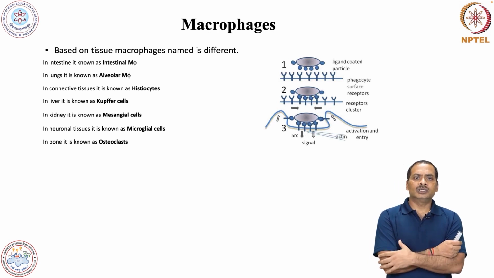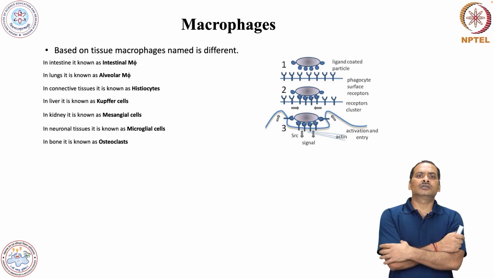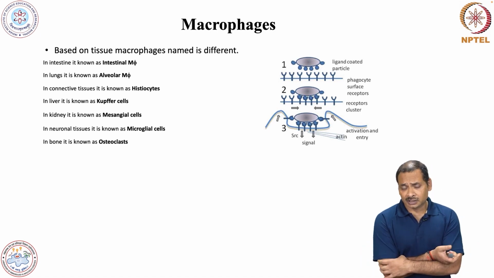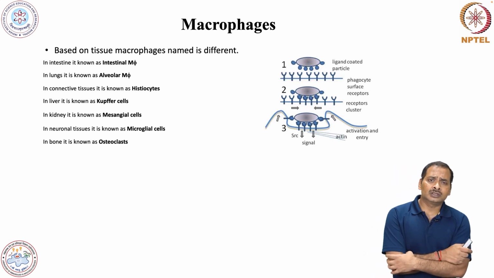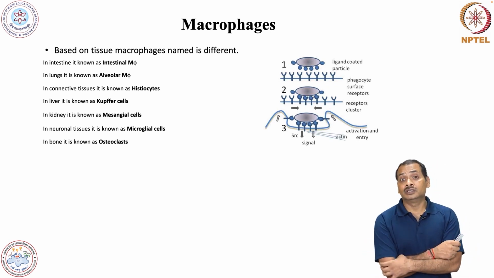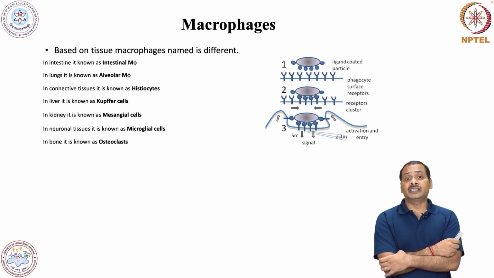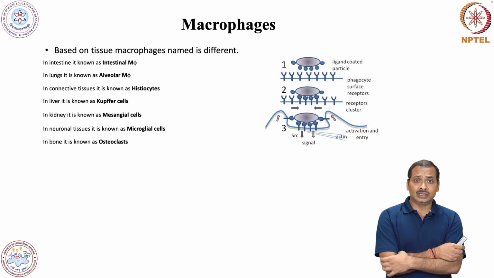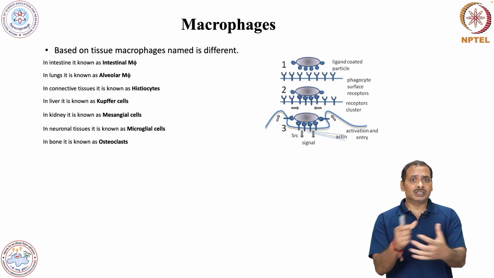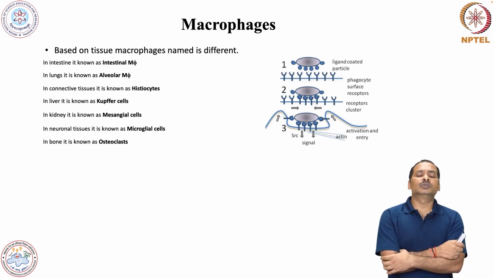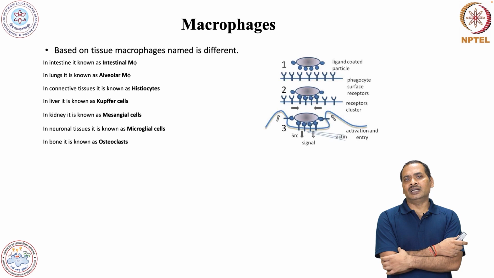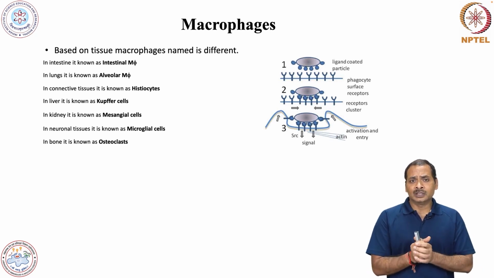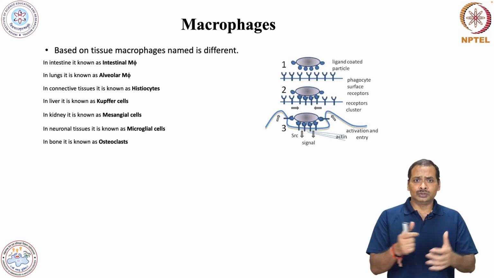Once they come in contact, the receptors cluster, and this clustering activates downstream signaling, resulting in polymerization and depolymerization of cytoskeleton proteins, and then formation of the phagosome.